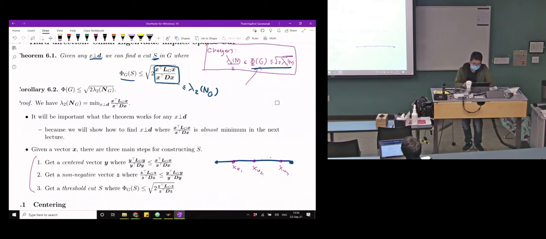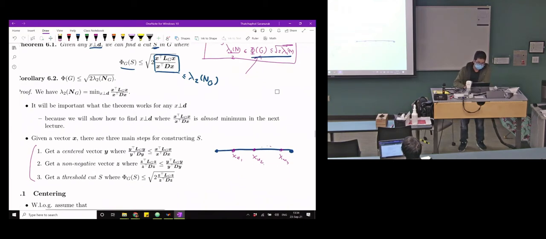What did we do? The first step is to make it centered.